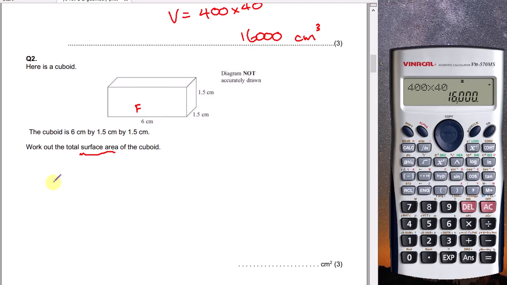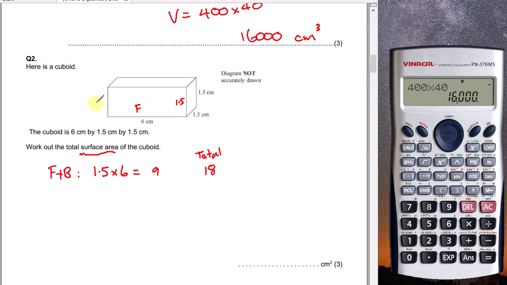So we've got front and back, 6 times, and the height here, because it's a cuboid, is the same. The area of each of those is 1.5 times 6, which hopefully you can do in your head as 9. So the total for those two faces is 18.